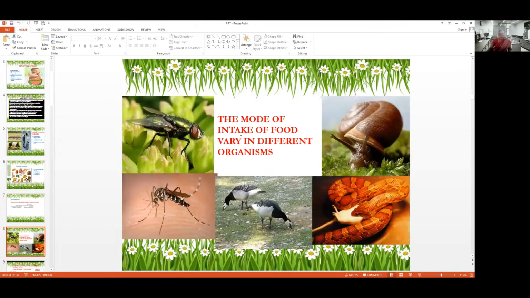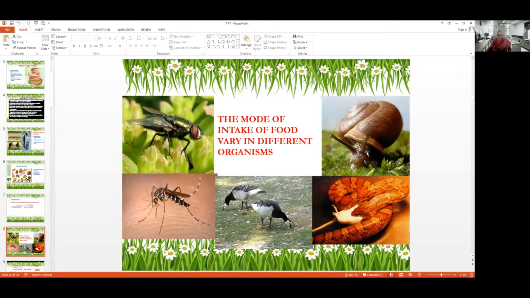Now, next one, the mode of intake of food varies in different organisms. Yes or no? We eat through the mouth. And think about the snake, it will swallow the food as a whole. Think about insects, they will suck their prey. What do you mean by prey? Suck its food through the proboscis, that antenna is called proboscis.